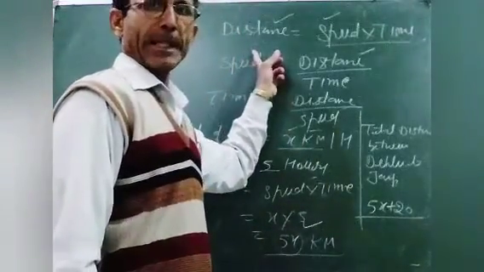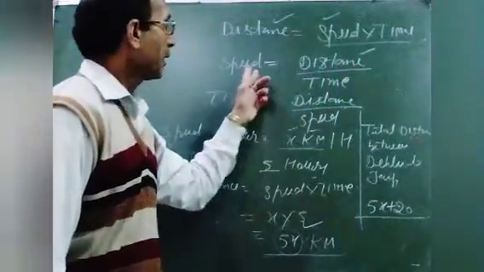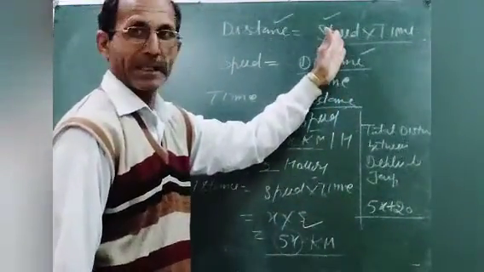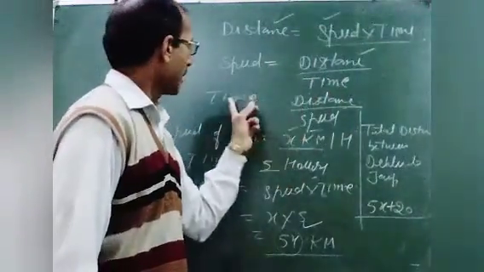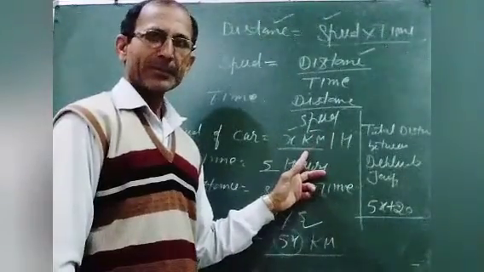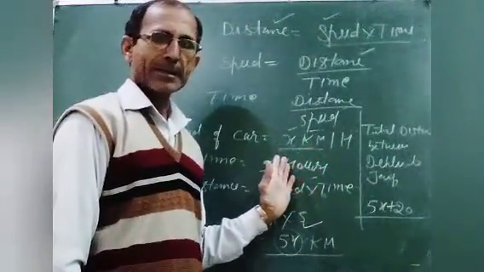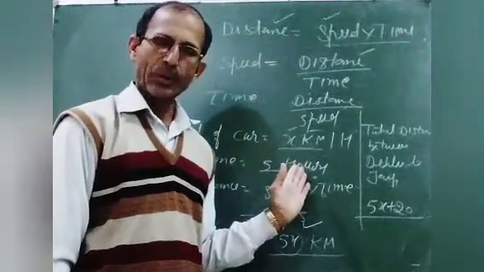Once again I am repeating, distance is equal to speed multiplied by time. If you have to find speed, speed will be distance upon time. Now time is distance upon speed. Now what was the question? Archana starts her journey from Delhi at 8 a.m. for Jaipur.